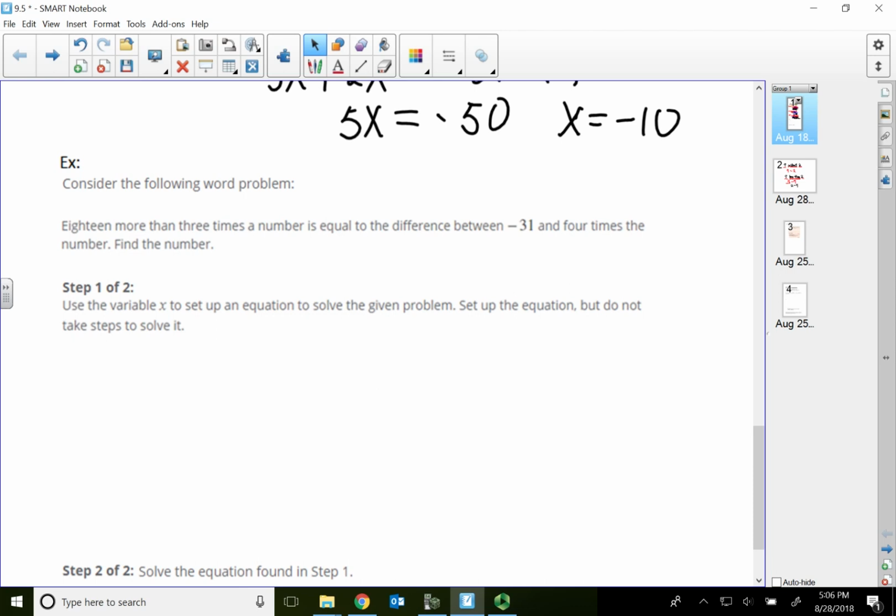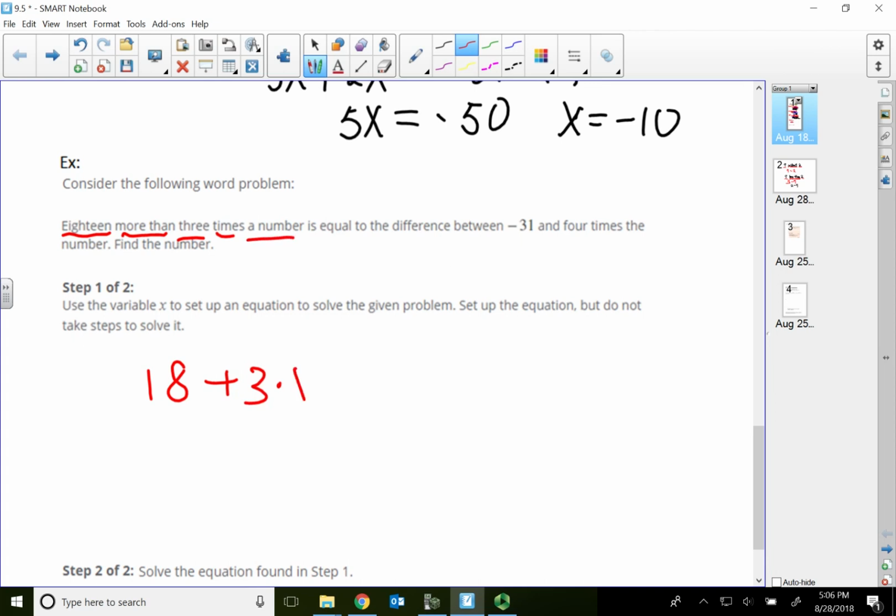That means I'm just going to translate what it says. The first word I translate, 18, I write 18. More than, I write plus. 3, I write 3. Times, I write times. A number, I write x, because it tells me to use x. Is equal to, I establish my equal sign.